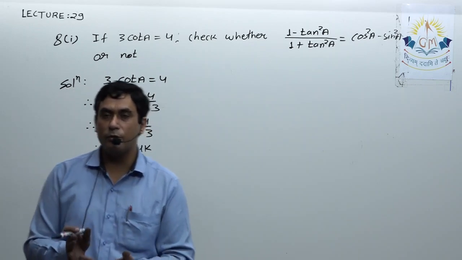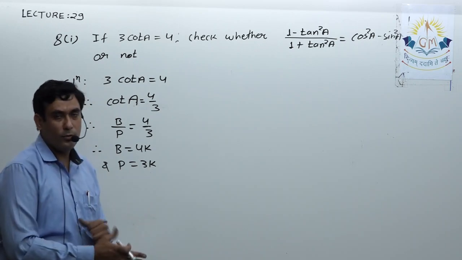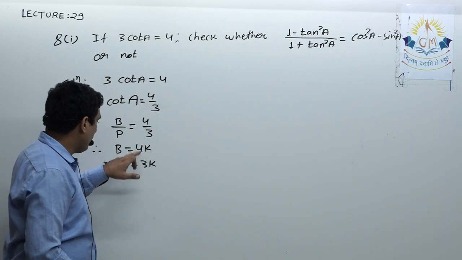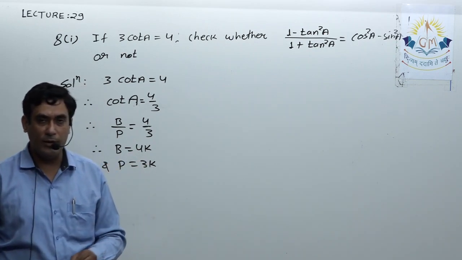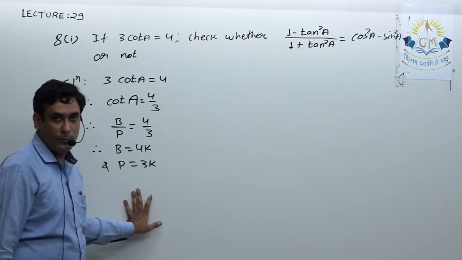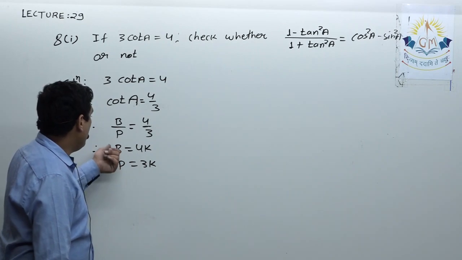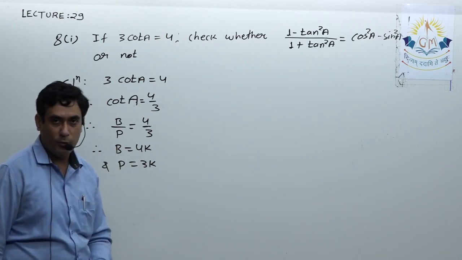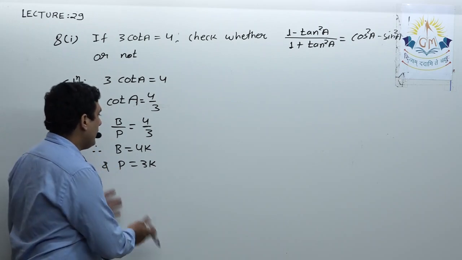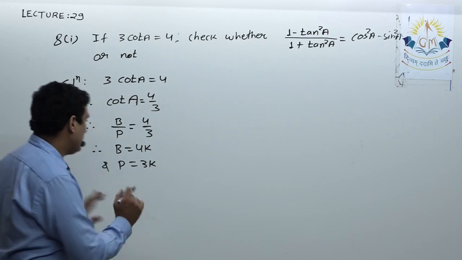Those three numbers should satisfy the Pythagoras theorem, that is, they must be a Pythagoras triplet. I know base is 4, P is 3, so definitely hypotenuse is 5. But you have to show the calculation part, how you obtain the missing side among base, perpendicular and hypotenuse. Even if you know the Pythagoras triplet, you are not allowed to write the third value directly. You have to show the calculation.